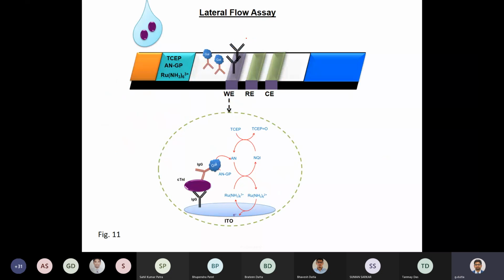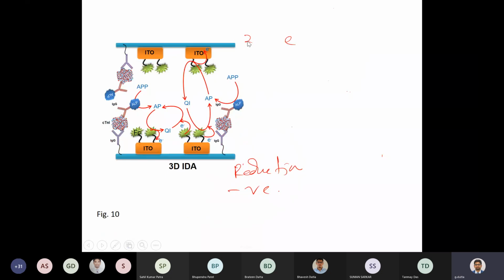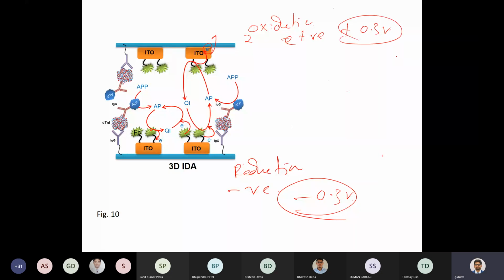And in this electrode surface you can see the electron releasing, it means this is the oxidation. So here you are applying positive potential, like plus 0.3 volt, and here like minus 0.3 volt.